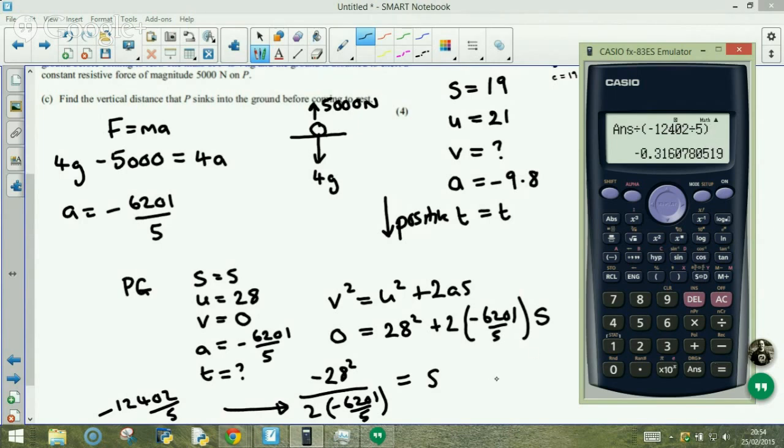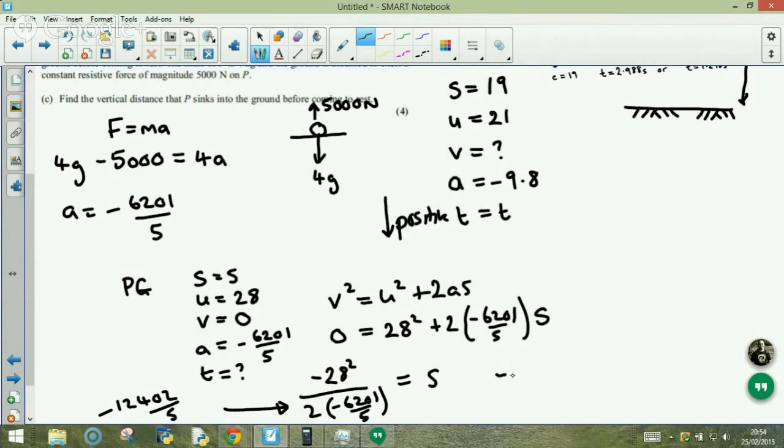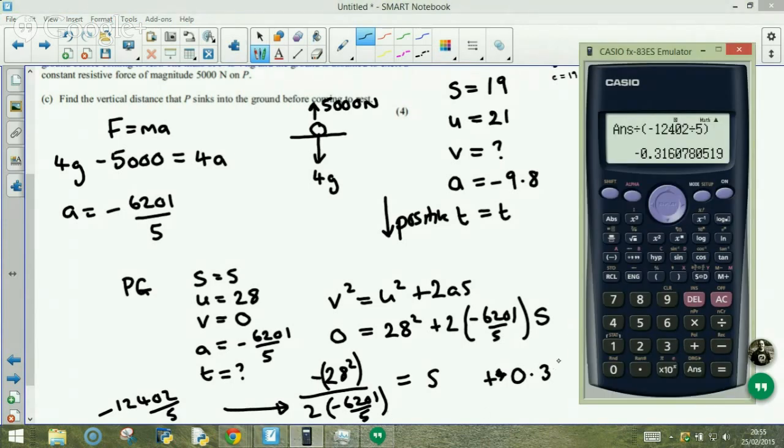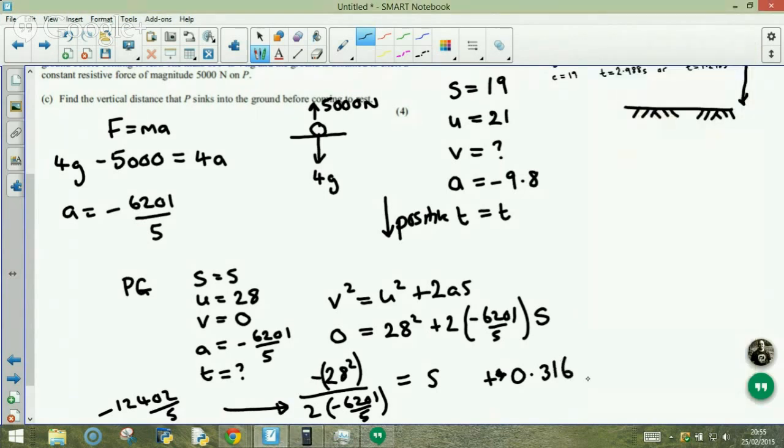Sorry, should have made that negative. So it will come out as a positive 0.316 meters, 31.6 centimeters into the ground.